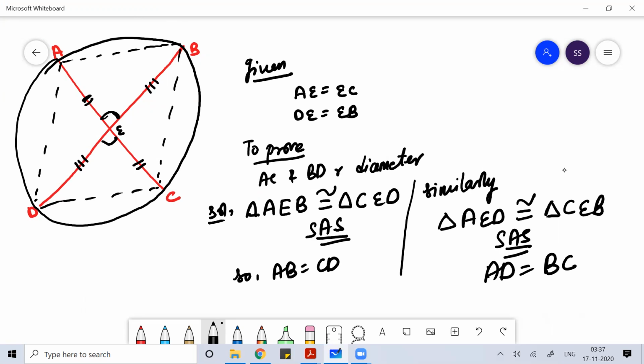So what can we do for this? Opposite sides are equal in the quadrilateral ABCD, so it is a parallelogram. So opposite angles are equal. This is a quadrilateral where opposite sides are equal and parallel.